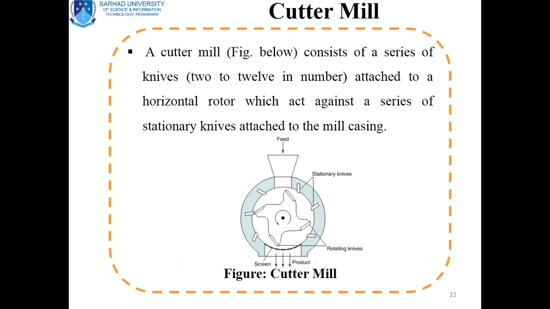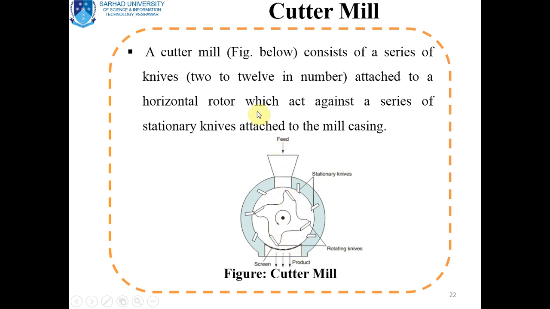Similarly, another mill is the cutter mill, which is a modification of the hammer mill. Instead of hammers, here two sets of cutters or knives are set, that is stationary knives and rotating knives, and similar to the hammer mill, a screen is set over here.